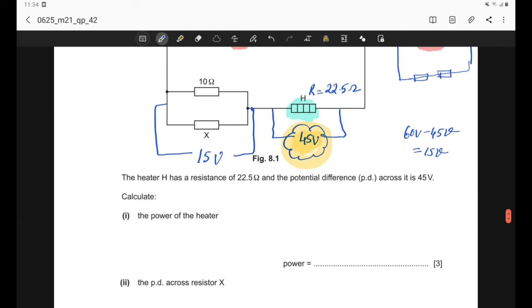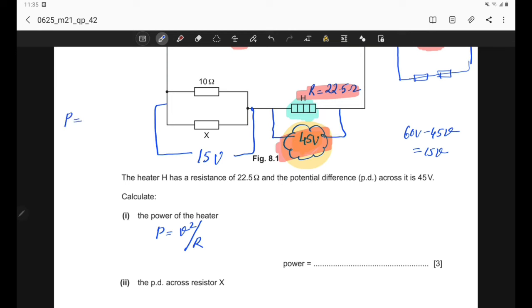First part, we need to calculate the power of the heater. So we have the resistance of the heater, we have the voltage across the heater. So if we have V and R, we can calculate power using the equation power is equal to V square over R. Actually we can calculate power using many equations.